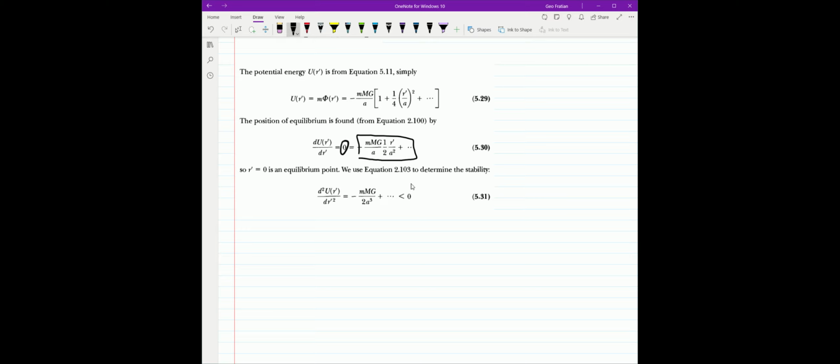And then using an equation from our earlier chapter to determine the stability, we find that the equilibrium point is unstable. This is kind of hard to believe, because you would think that if we have a small displacement from the very center, it could just recover back to it, but it's actually unstable because I think it'll oscillate, is my guess.